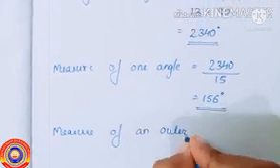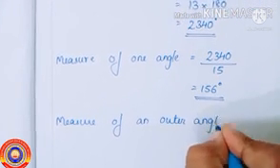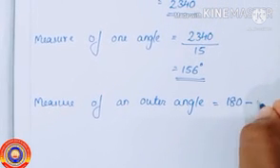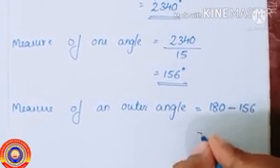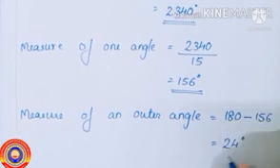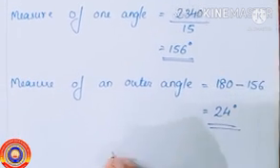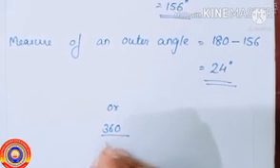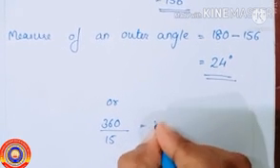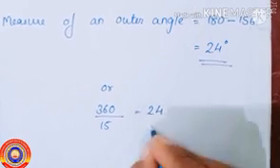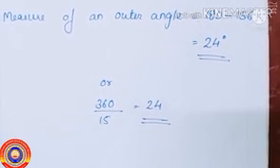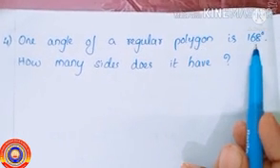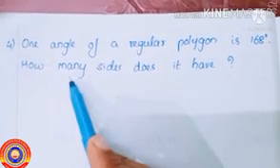Then measure of an outer angle is equal to 180 minus 156, which is 24 degree. We can find the outer angle in another way also, that is 360 divided by 15, which is equal to 24 degree.